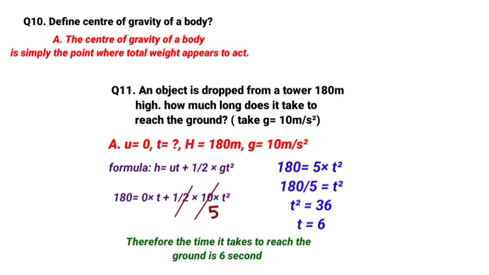If we take 5 to this side, 180 divided by 5, we get 36. If we take the square root of 36, the time will be 6 seconds. So the object which is dropped from the tower takes 6 seconds to reach the ground.